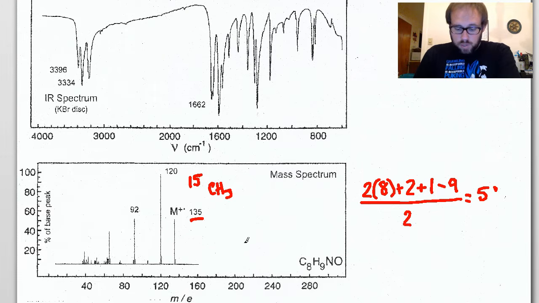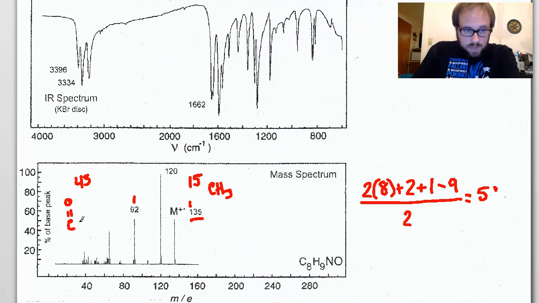Now, it's also important to look at the difference between 135 and 92, because that's the other major peak here. So when we go from 135 to 92 and you take the difference there, you end up with 43. Now, 43, the most common fragment that we come across for 43 is going to be a carbonyl fragment, and specifically it's usually an acetyl carbonyl fragment.